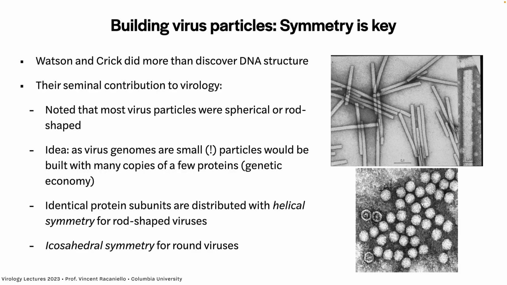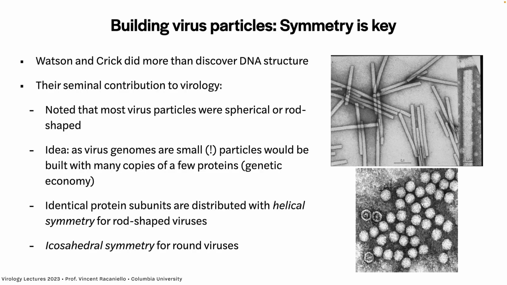Okay. And so they came up with this idea that because the viral genome is typically small, and I put an exclamation point there because we know it's not small anymore, but back then most of the known genomes were small, it would not be possible to encode a lot of different proteins to make a virus particle. So they thought, well, there must be one or a couple of proteins that are repeated many times to give you the virus particle.